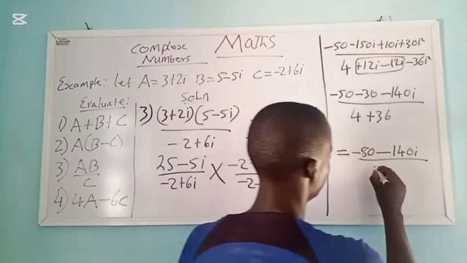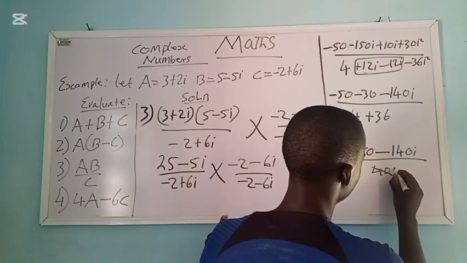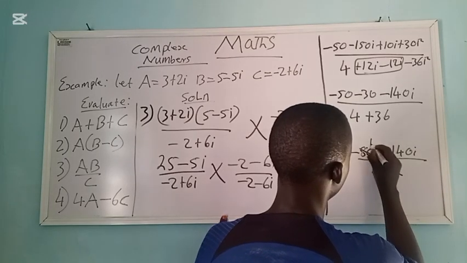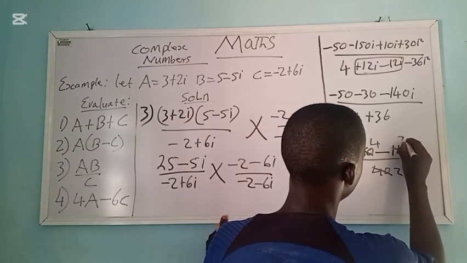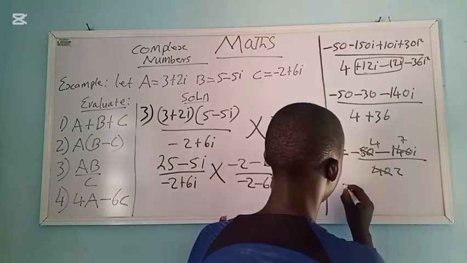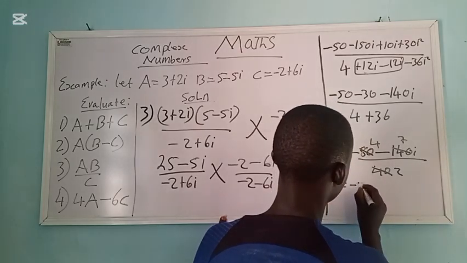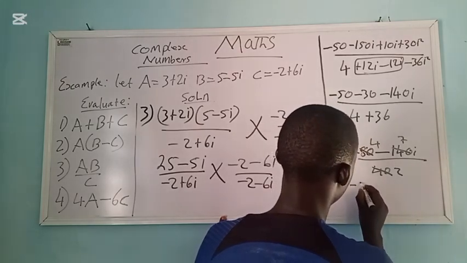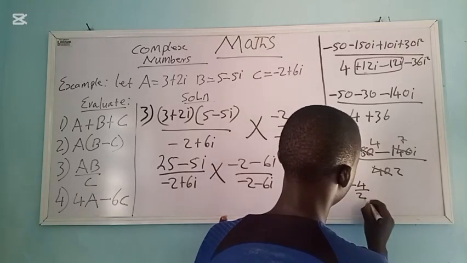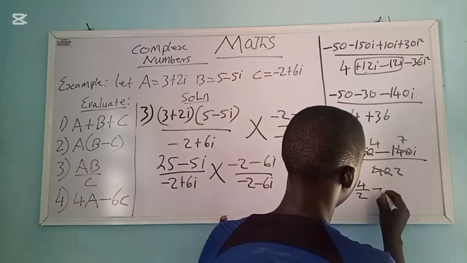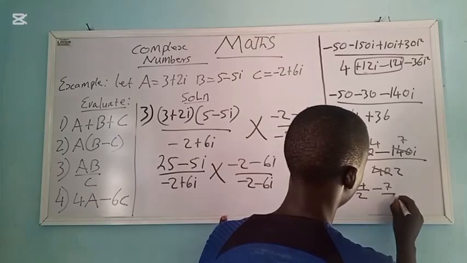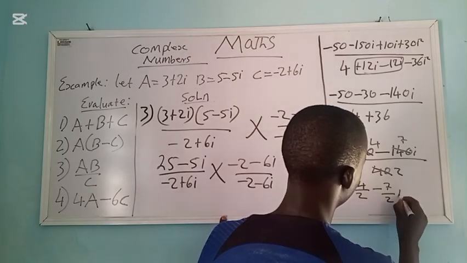So now 20 here 2, 20 here 4, 20 here 7. So we now have minus 4 all over 2 minus 7 all over 2i.